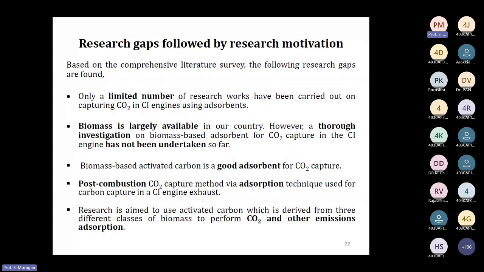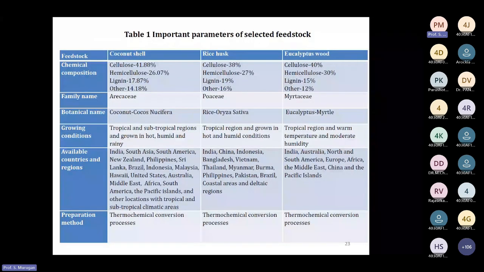So in our research, we chose some biomass materials, converted them into activated carbon, and then using that activated carbon, we captured CO2 from a diesel generator exhaust. Principally we chose three different commonly available feedstocks: coconut shell, rice husk, and eucalyptus wood. These three materials you can see anywhere in India.